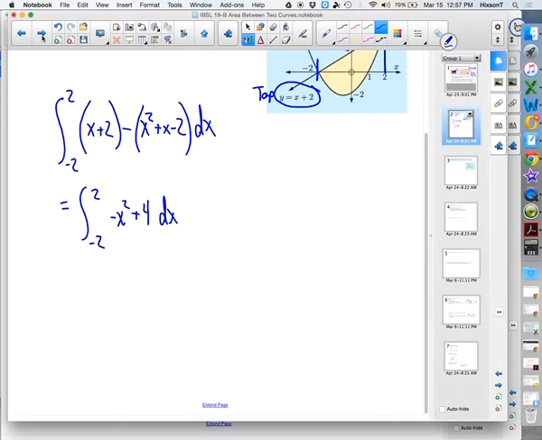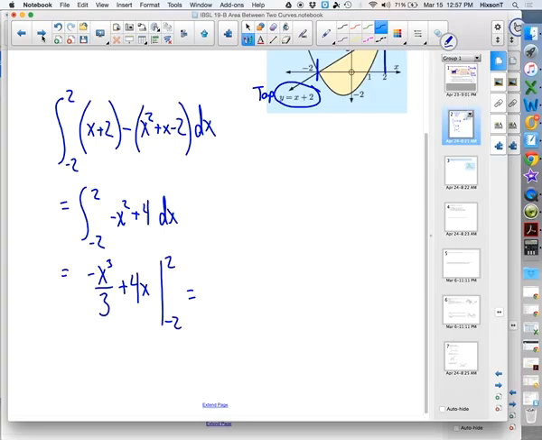So now, what's the integral of negative x squared? Negative x cubed over 3, plus 4x. Evaluate that from -2 to +2. And this is going to give our area between the line and the parabola.